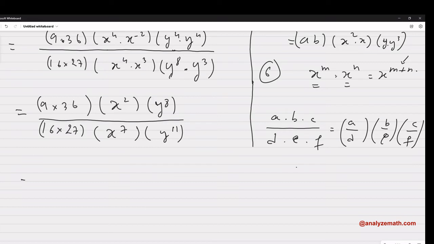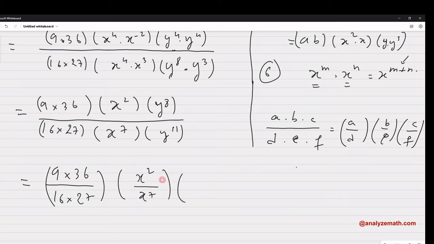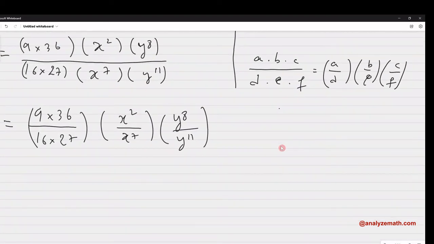Now let's apply it here. So we're going to have all the constants together, x^2 over x^7, y^8 over y^11. And start simplifying.